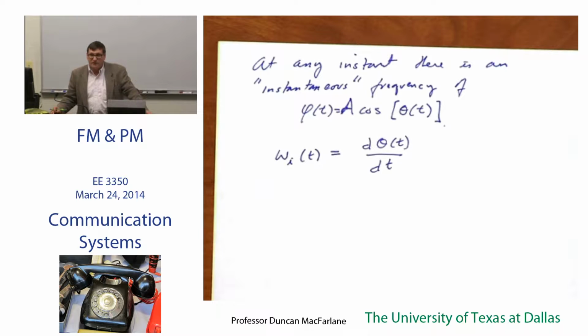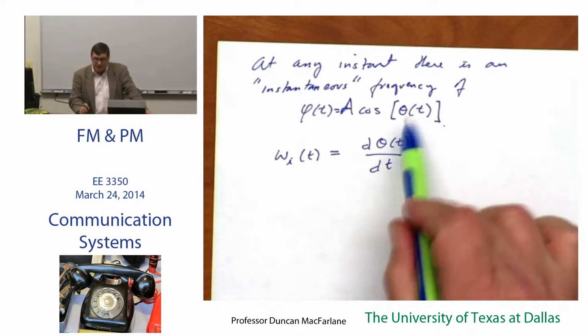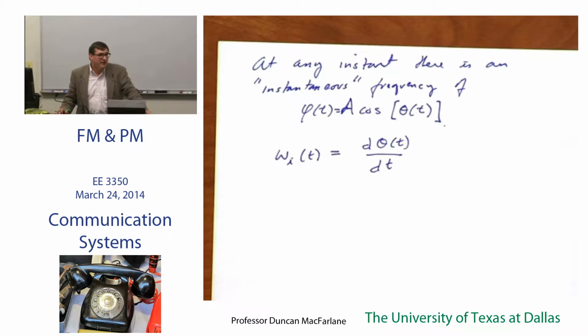The instantaneous frequency is the rate of change of the phase. However complicated theta of t is, there will be one frequency of my signal for every single attosecond, for every femtosecond, for every instant, for every click of the top of the clock. I will have a frequency.